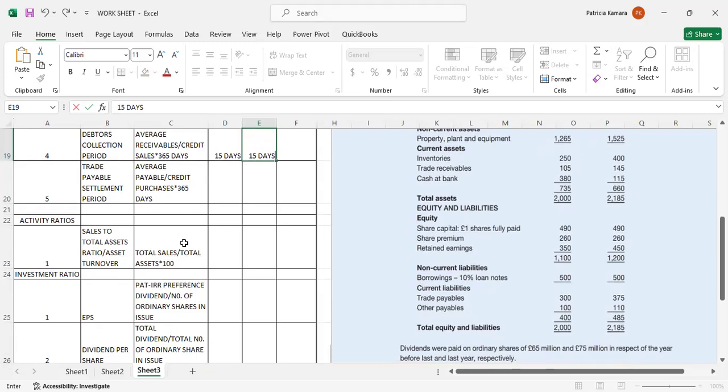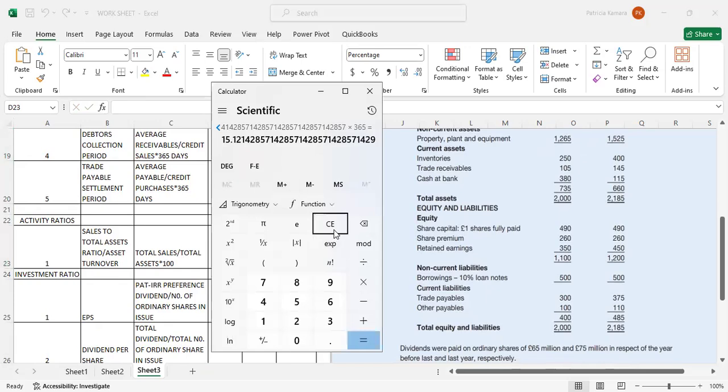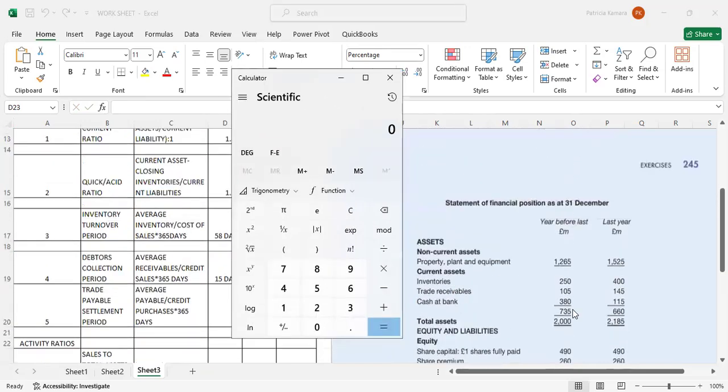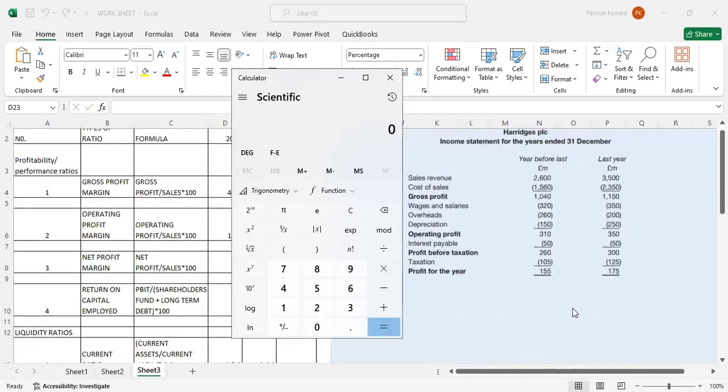So we come to activity ratios. Activity ratio is total sales to total assets multiplied by 100. The formulas have been given, so just go through them and then you can go on with the ratio calculations. Total sales means we can have credit sales and cash sales.